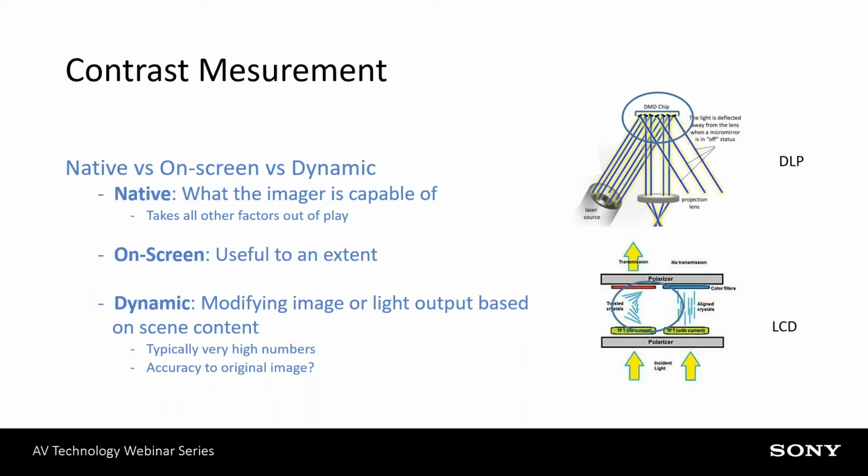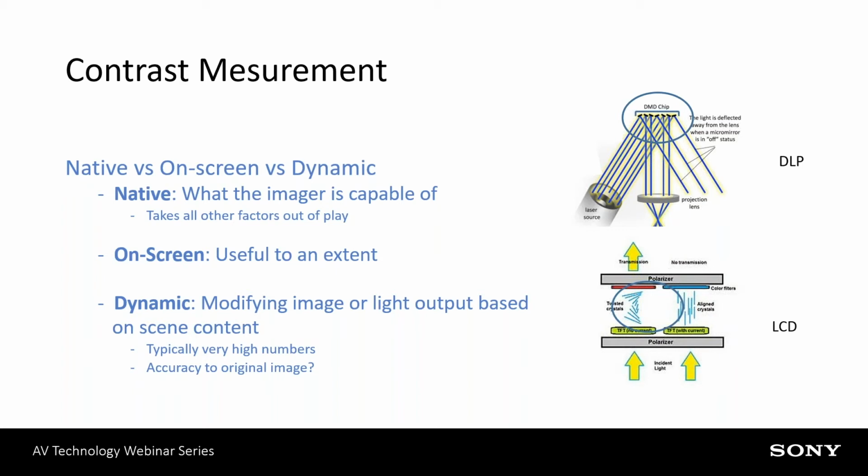Unfortunately, that light will spray around a little bit in the cavity, in the optics, and will get out even though I'm trying to make a black pixel. And in the case of LCD, I close all the little LCD crystals, and that shutters the LCD closed, and hopefully no light will get through it. Unfortunately, some light will get through the LCD crystals, and that will affect contrast ratio.